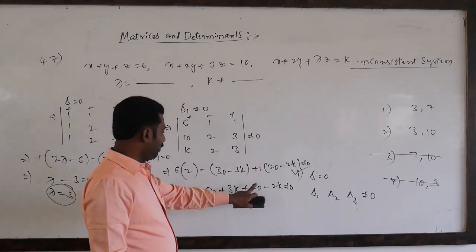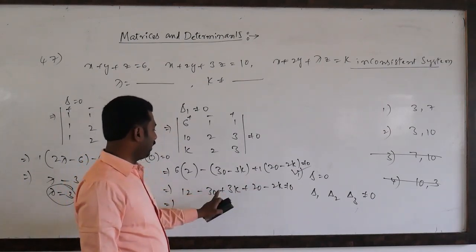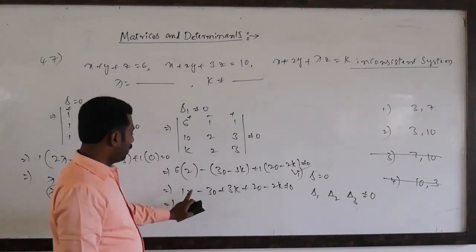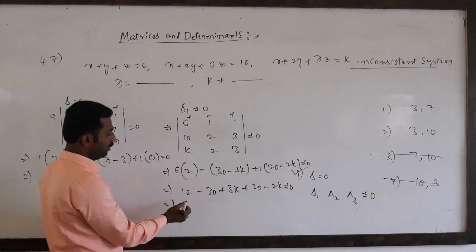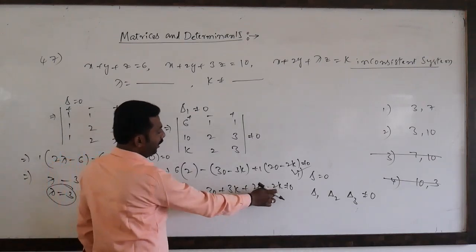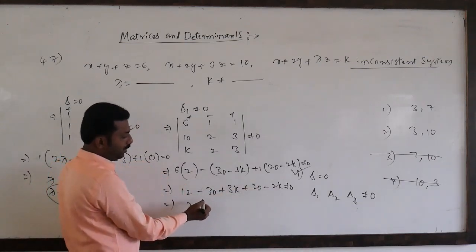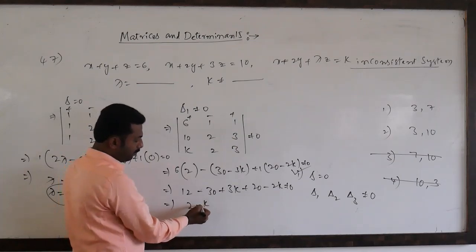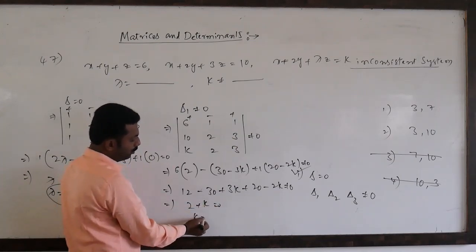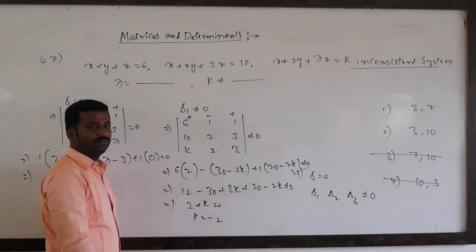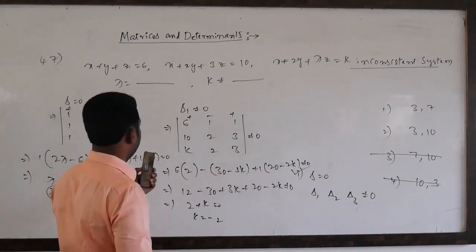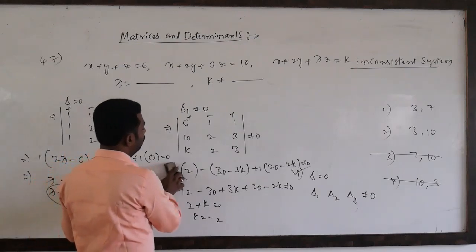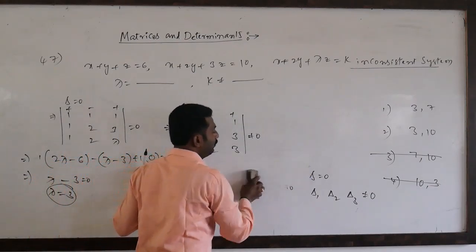Minus 30 plus 20 means minus 10, plus 12. So 32 minus 30 means 2, 3k minus 2k means k, so 2 plus k equal to 0, so k equal to minus 2. The 4 options are not there. So delta 1 is not equal to 0, we have to avoid it.